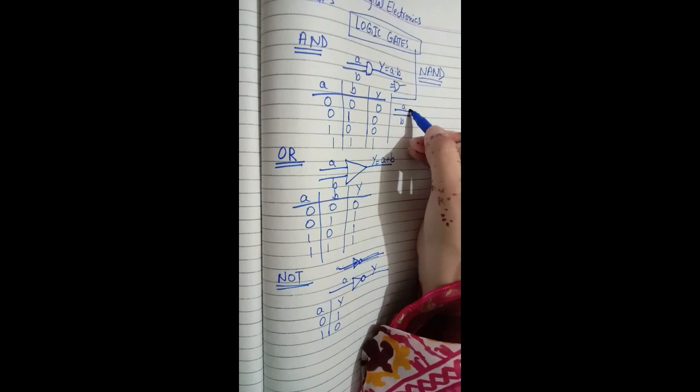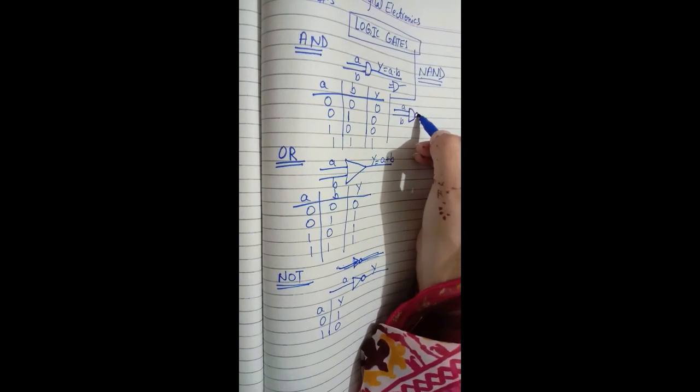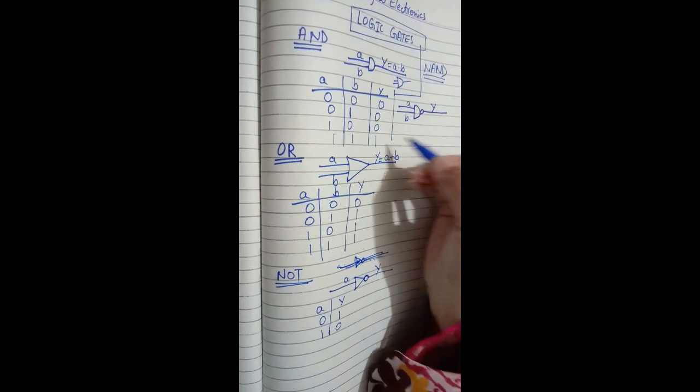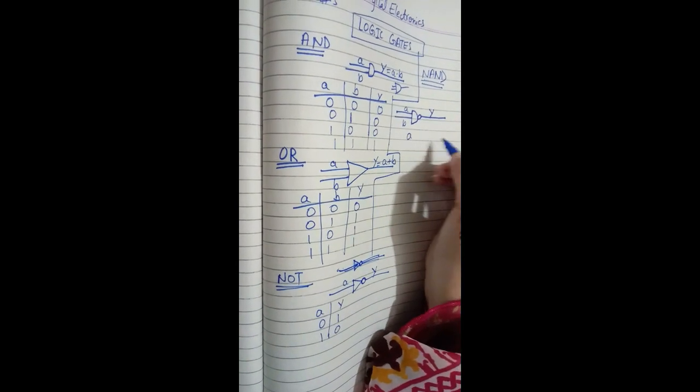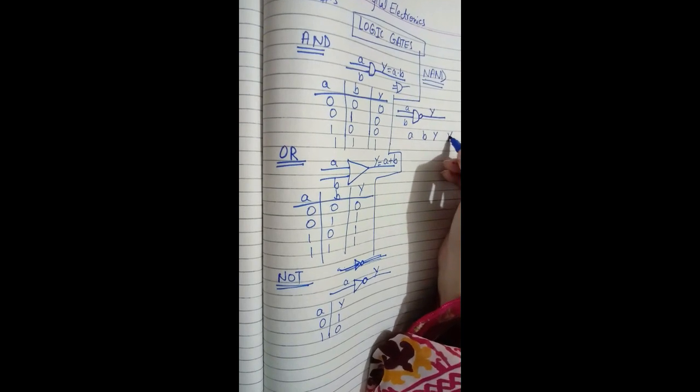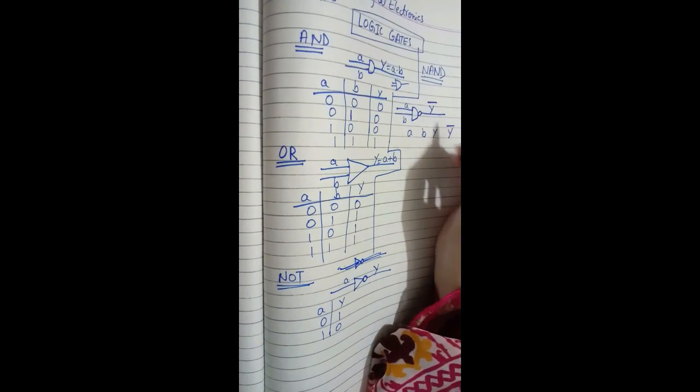We will draw its opposite, this, and the NOT before the output. So this is Y. We can draw it simply as A, B, the output Y, simple AND gate, and the final Y NOT.